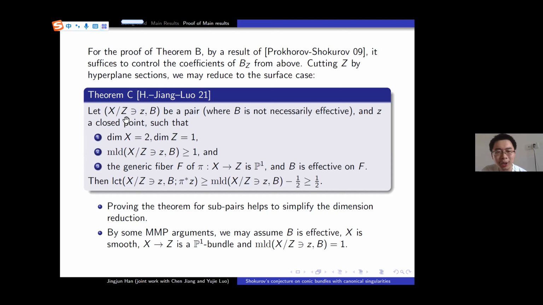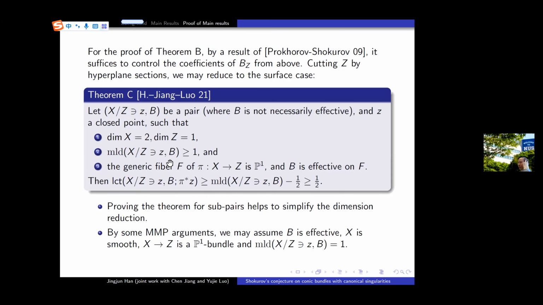But since we are in the surface setting, we may take a minimal resolution and run some MMP to contract the negative part of my divisor B, and finally we may reach a more verifiable space. During MMP we can show that X is smooth. So by some MMP arguments, we may assume that B is effective and X is smooth, and also X over Z is a P1 bundle, and the minimal log discrepancy is equal to 1.